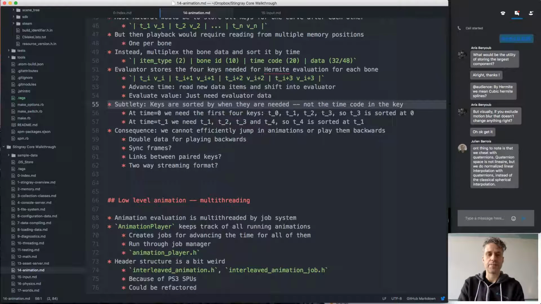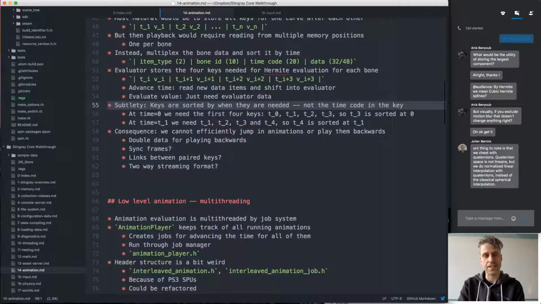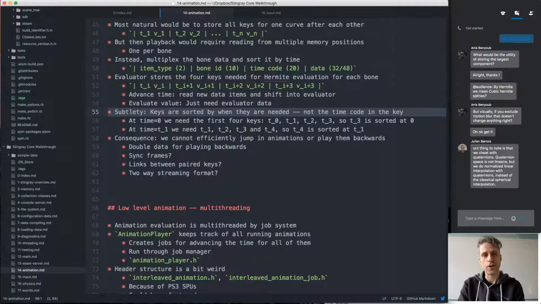Now a little subtlety here, which can be important to be aware of, is that I said that keys are sorted by time. They are not actually sorted by the time value of the key. They are sorted by the time when the evaluator needs them, so that we can process the data completely linearly and just add keys to the evaluator. To understand the difference, let's look at what happens at time 0.